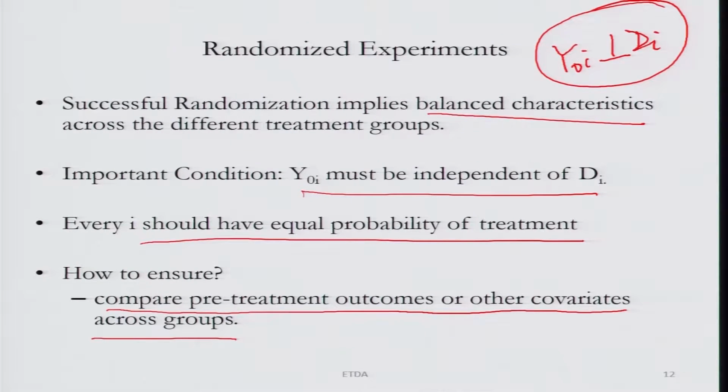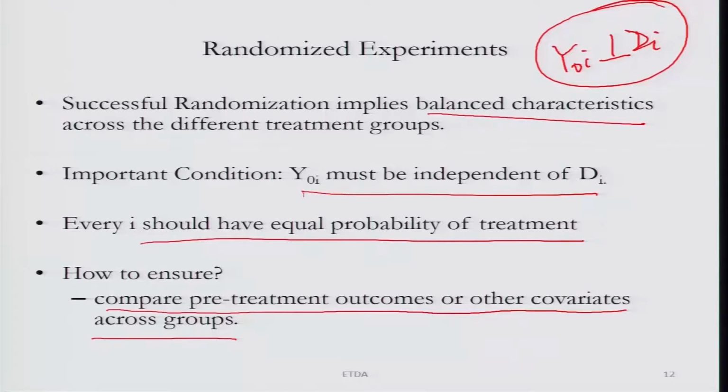Essentially, what this is saying is that in the case of the children going to a small classroom or a large classroom, you would be comparing children's characteristics like age or gender or maybe incomes of their families, and so on, various characteristics of these children who are placed in the treatment group and the control group, and try to see whether these characteristics are balanced across the treatment and the control groups.